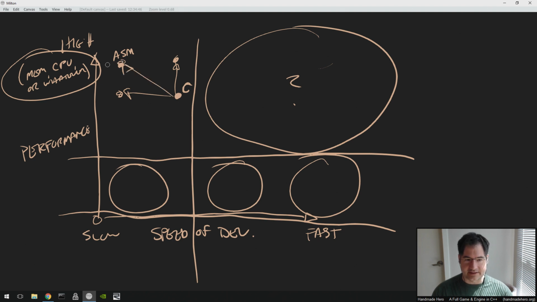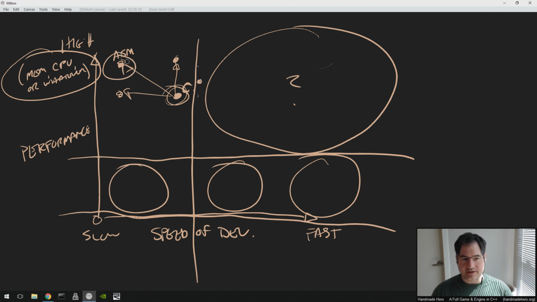So if your language is Rust or something like this, and it only produces the same speed win in terms of development as C when you're writing code that's as fast as C, then it's only like here. And if it added a little bit to that, then maybe it can go to here or there or whatever.